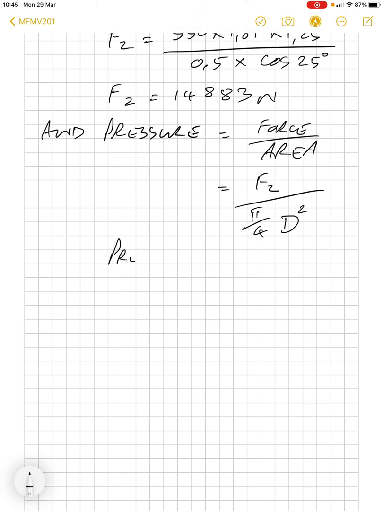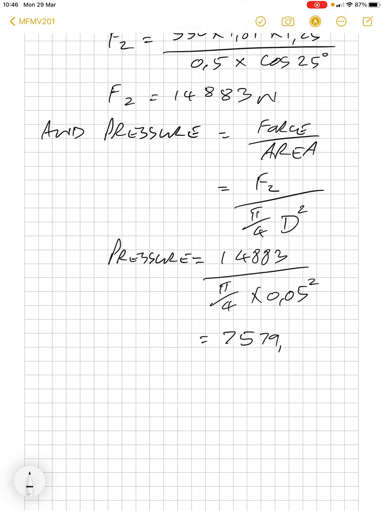So therefore, pressure in the cylinder is equal to 14883 divided by pi over 4 times 0.05 squared. Gives us a result of 7579.85 kilopascals. So that's the first part of the question that we're asked to calculate.